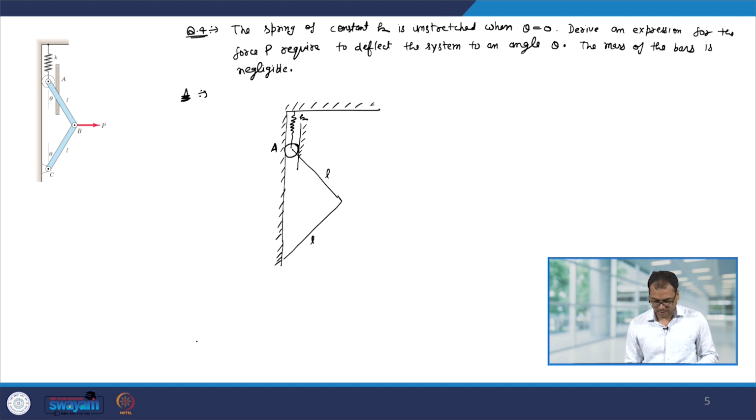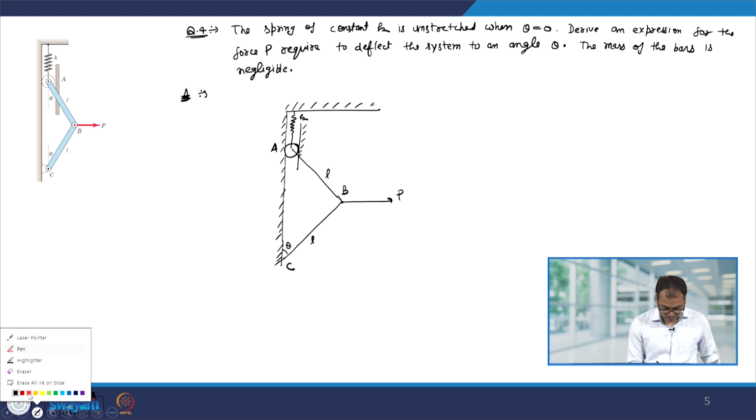This length is L, it is given that this angle is theta, and here the force P is acting to keep everything in equilibrium. This point is given as C and this point is given as B.